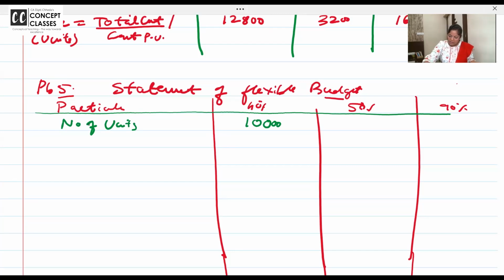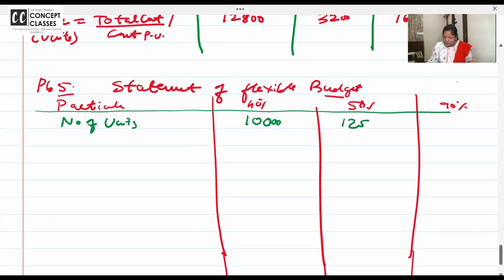So 50% how much? 10,000 into 5/4. Any doubt? 90%: 10,000 into 9 divided by 4. 22,500. If you operate at 90%, this many units you will make.